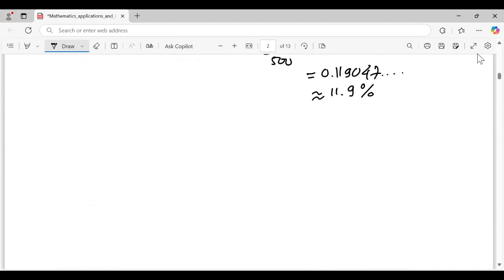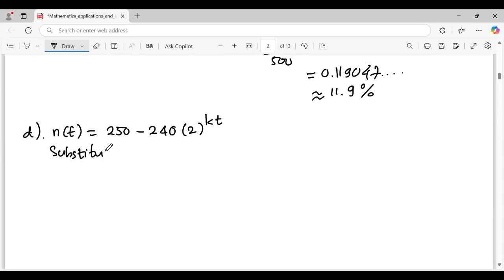Okay. So N(t), according to the information, is the function 250 minus 240 times 2 to the power kt. We are going to substitute t equals 0 into this function.